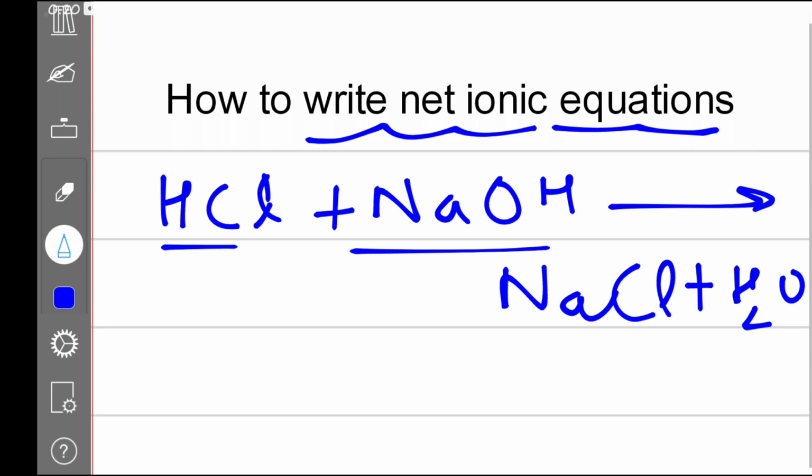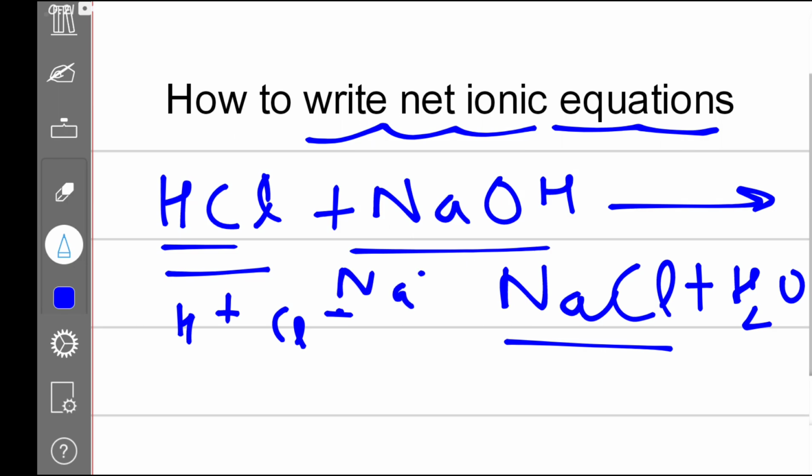So notice that, guys, Na plus. Since HCl, sodium hydroxide and NaCl are strong electrolytes, they easily dissociate into their ions. So HCl will make H plus and Cl minus, and sodium hydroxide will create Na plus and OH minus, like so.